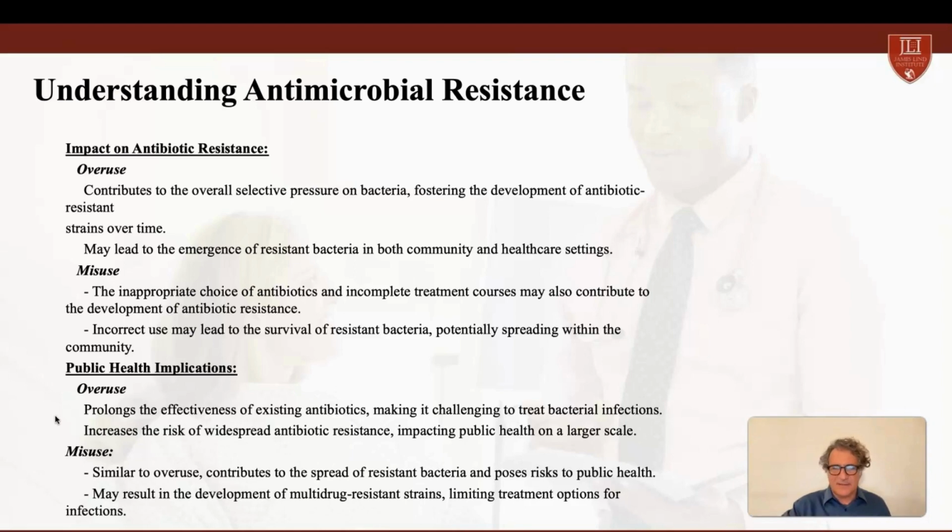It means that they will not work. So the impact of antibiotic resistance, of course, is direct in the healthcare sector. It has a direct impact on human and animal health.